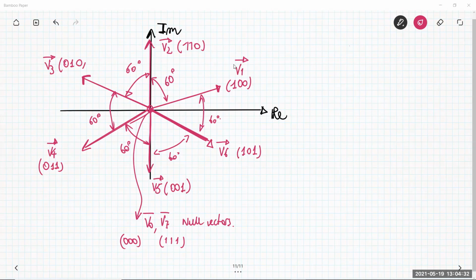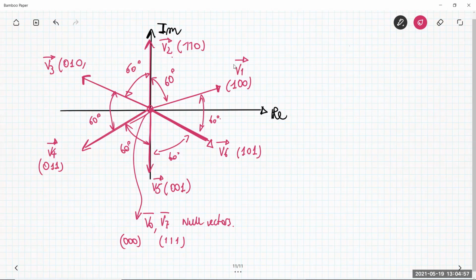Just some random considerations about this space vector representation. First of all, we have 6 active vectors, not null vectors, that are separated by 60 degrees each from the successive. So for example, V1 is 60 degrees from V2, but is also 60 degrees from V6.